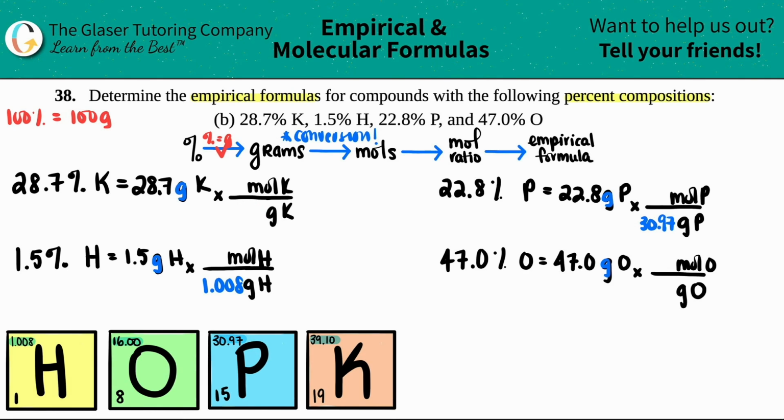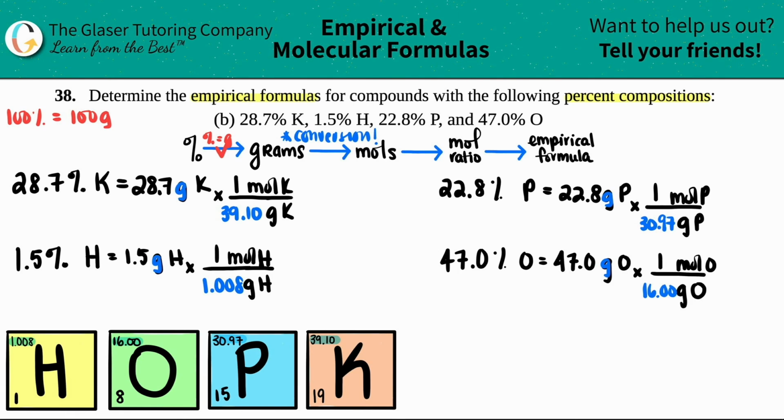This is potassium, this is 39.10. And then for oxygen it is 16.00. What's the number that goes on the top? If you're using these numbers, you always have 1 mole of that element. So the mole number is always 1. 1 mole of potassium, 1 mole of hydrogen, 1 mole of phosphorus, and 1 mole of oxygen.